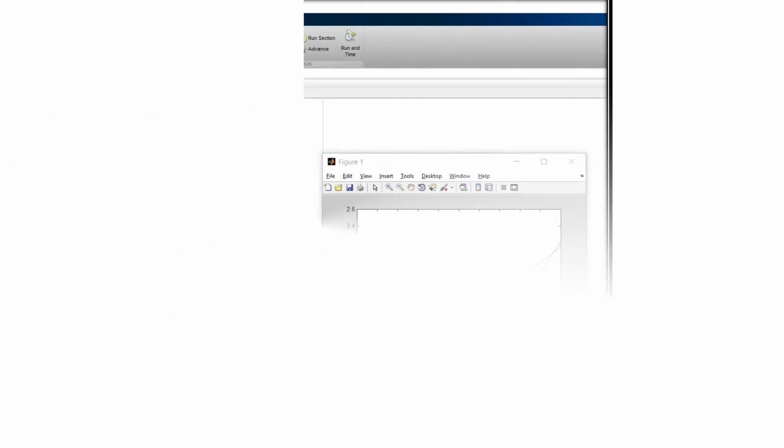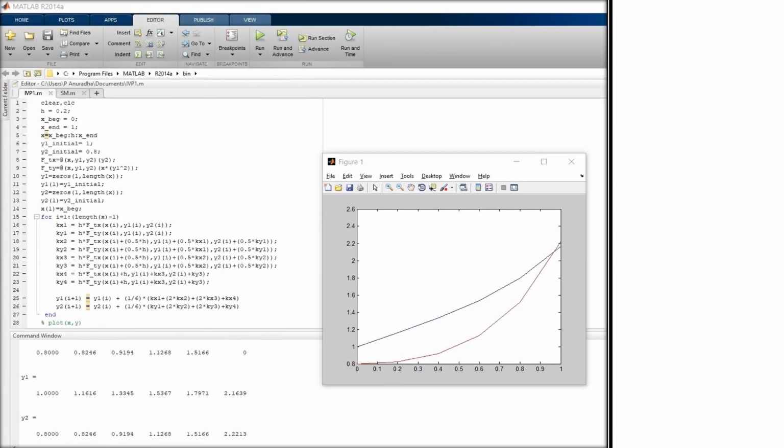Let us look at the code that we have written, similar to the previous one. If you note here again, the h value is 0.2, the initial value of x is 0, the final value of x is 1, the y value at 0 is given to be 1, and this is y dash of 0, which is the guesswork that you have done. You have now chosen it to be 0.8. So you see what happens when you choose 0.8.